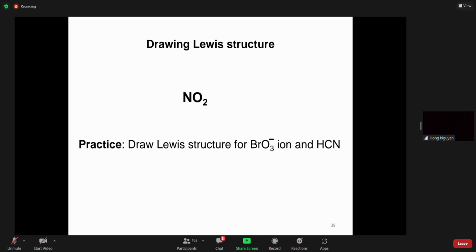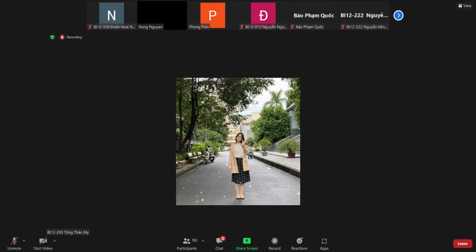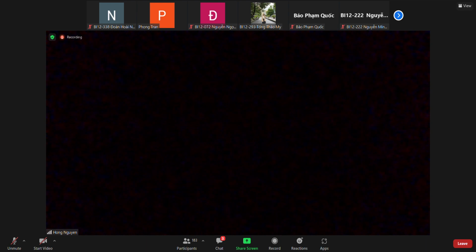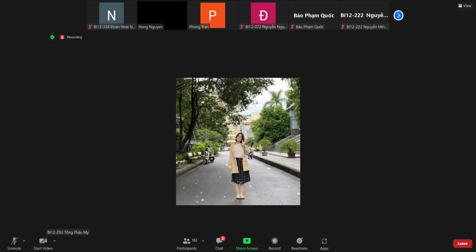Okay, so how can you share your structure? I can stop sharing now and you share your structure. Okay, maybe NO2, please, right? Please keep it on. Before, I didn't see where it's annotated, but I can see it now. Okay, can you share the?